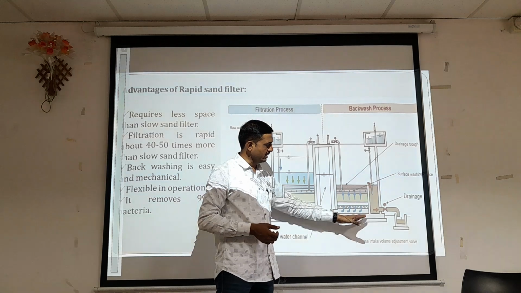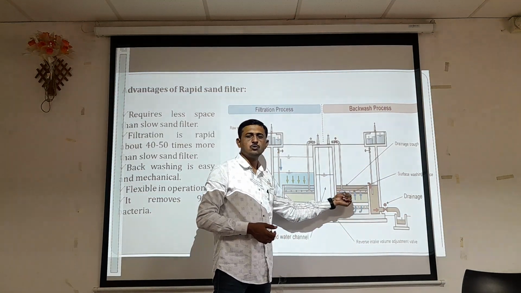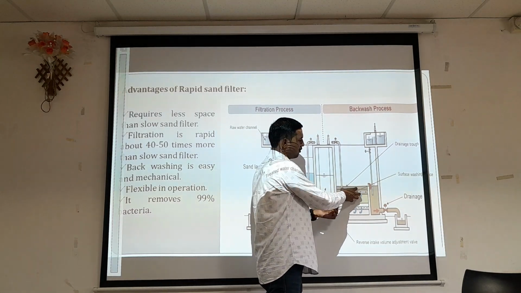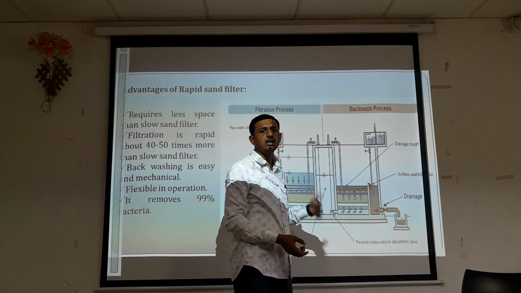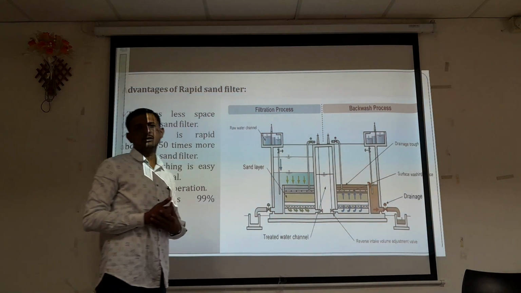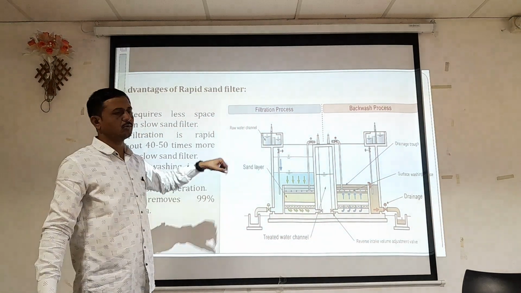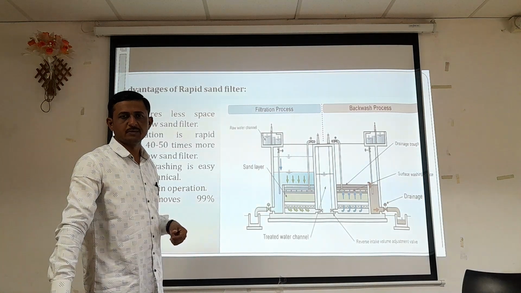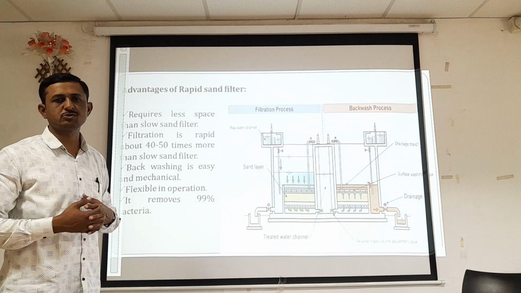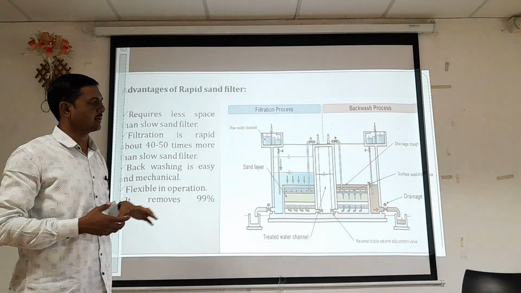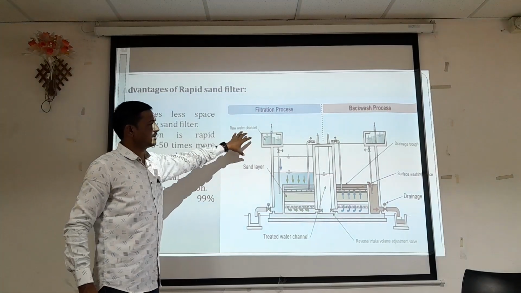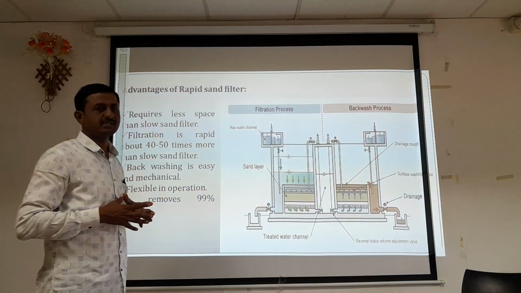In the diagram you can see the flow moving upward, so that due to back pressure, the blockage formed in the sand and gravel bed is removed, and no manual process or manual help is needed to carry out the washing of the rapid sand filter. So it is a more advanced filter compared to the slow sand filter, and everything is carried out by mechanical means. So this is a typical diagram of a rapid sand filter.